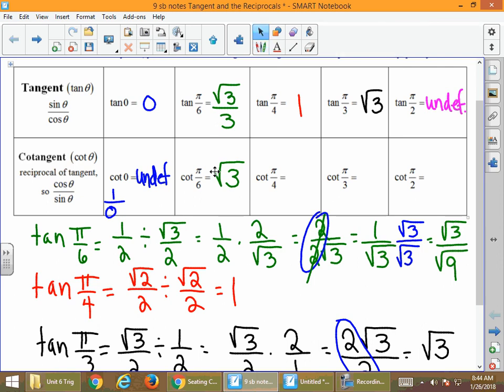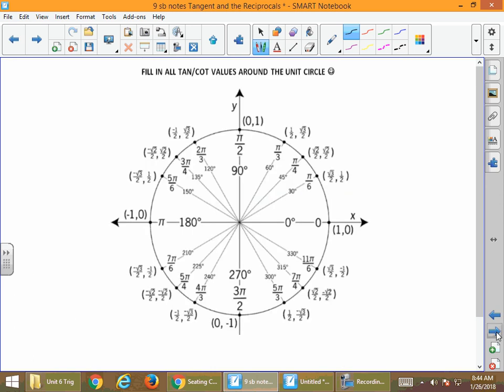Cotangent of pi over 4. Cosine divided by sine for cotangent, but the reciprocal of 1 is still 1. Cotangent of pi over 3. Well, again, I'll refer to the unit circle. Cotangent of pi over 3 is going to be 1/2 divided by the square root of 3 over 2.